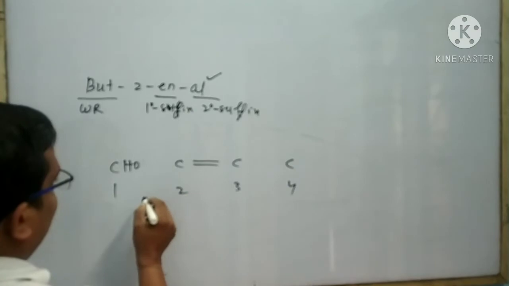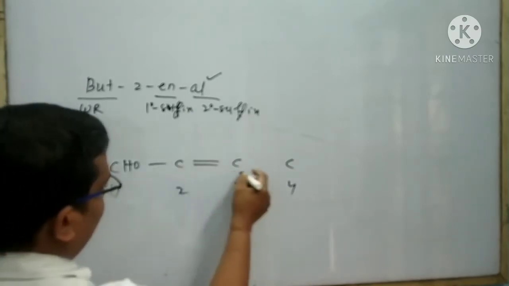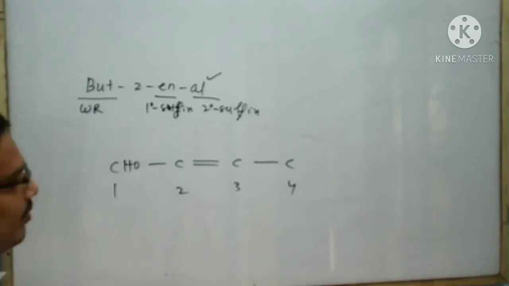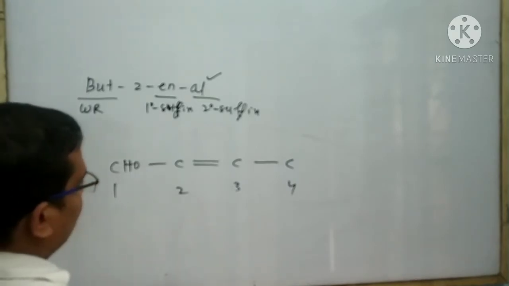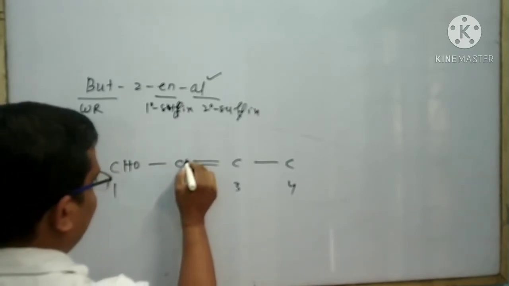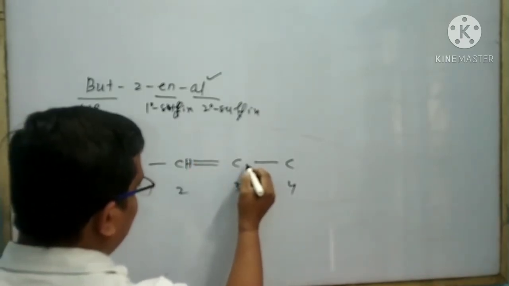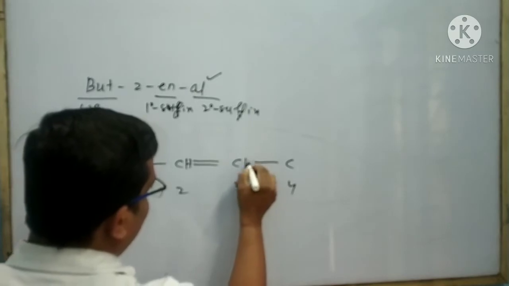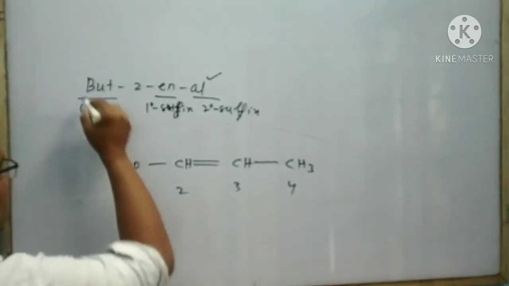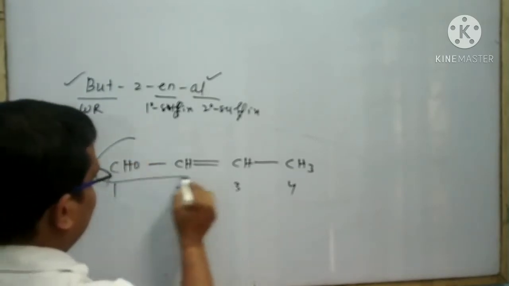Next it is bound to give a single bond here, then a single bond here. Now satisfy the tetracovalency. For maintaining the tetracovalence of carbon atom, it is bound to write your hydrogen. You are also bound to write hydrogen. It is bound to write your CH3. The structure of this organic compound is this.